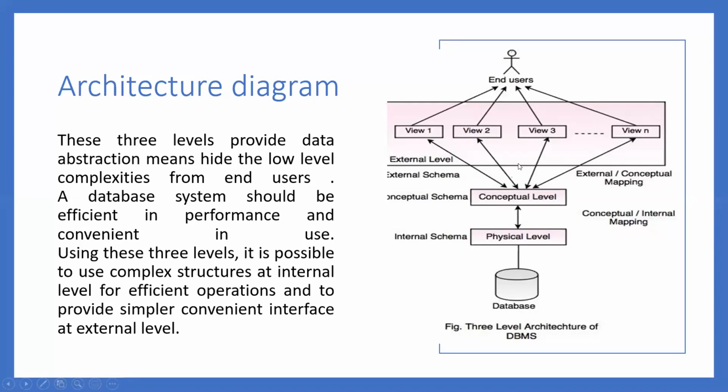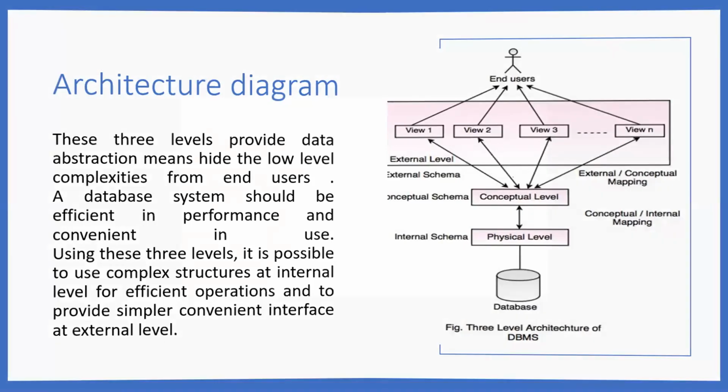And the end user is directly connected to the external level. Each user has a separate view: end user view 1, end user view 2, end user view 3, and end user view n. I will explain this one by one now.